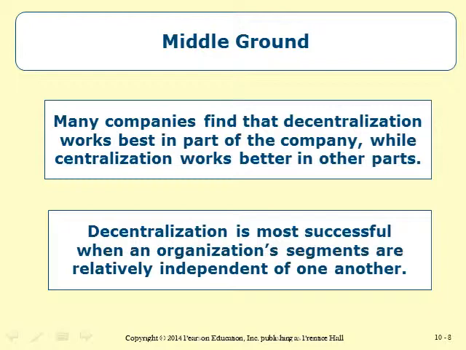They may move in a decentralized pattern for a while and then move back toward a centralized pattern and then move in a decentralized pattern. So there are a lot of variables that impact the decision to be centralized or decentralized. And again, there's no one right way. It's what works for the leaders and the management of the company at that time.